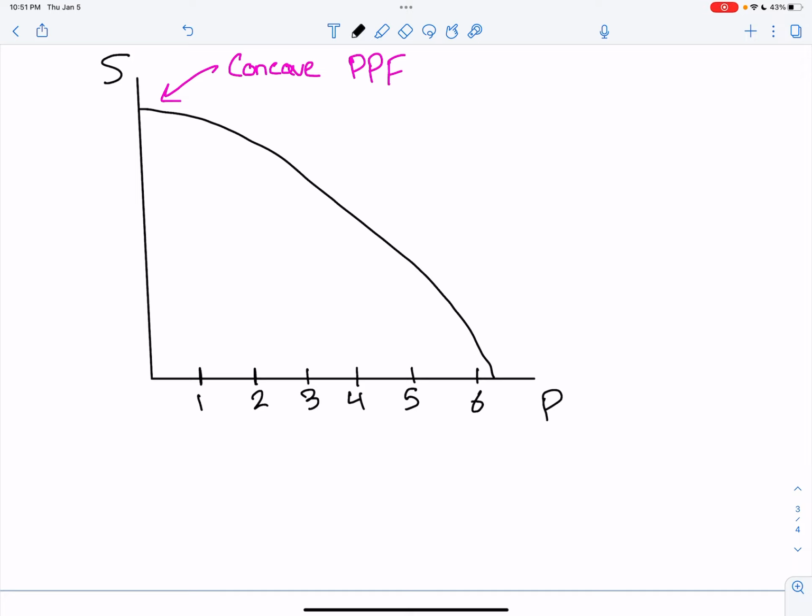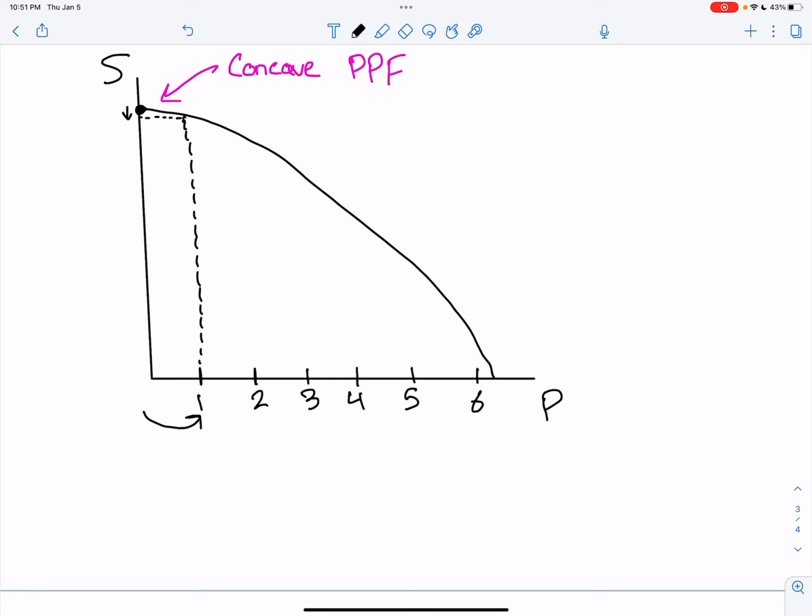Okay, so let's ask ourselves, let's say the society is starting at 0 parks, so it's spending all of its money on stadiums. But now let's pretend that it decides to add 1 park. So it goes from 0 parks to 1 park. How many stadiums is it giving up? Well, it's giving up whatever this very small sliver is here, right?